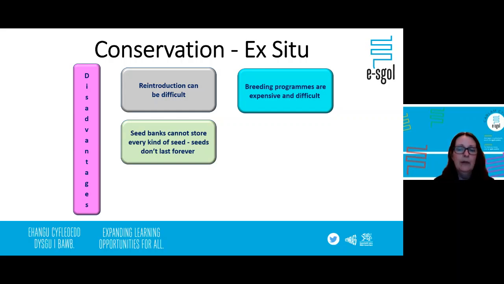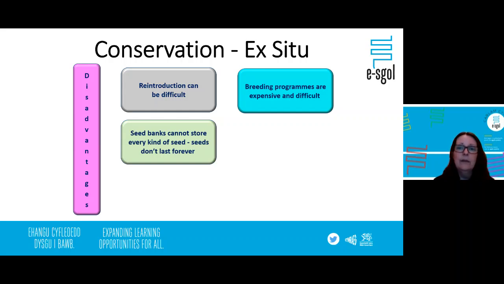There are a number of issues here. Breeding programmes are expensive and difficult to carry out. If you think about the panda, for example, that is removed, they are quite difficult to breed from. It's very expensive, very difficult, very time consuming, and then trying to reintroduce them back into their native environment can be very difficult.